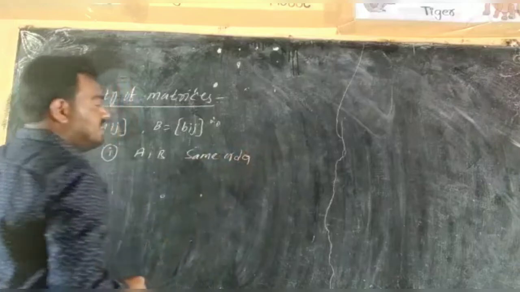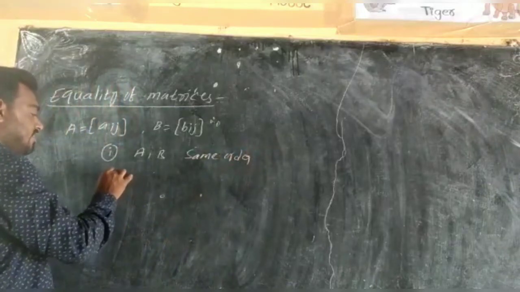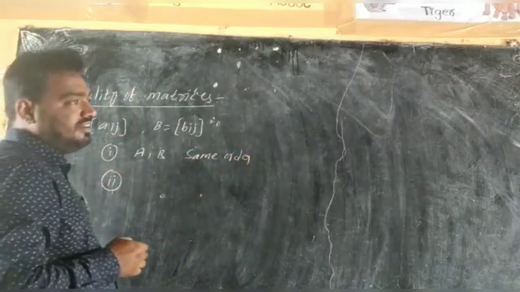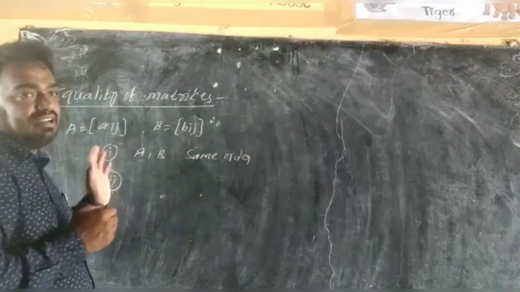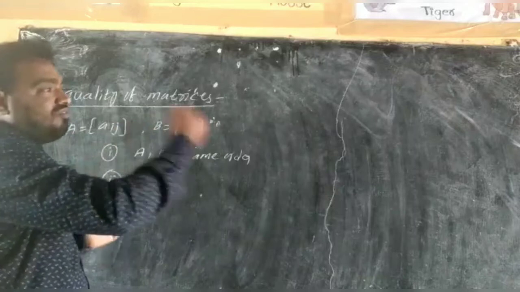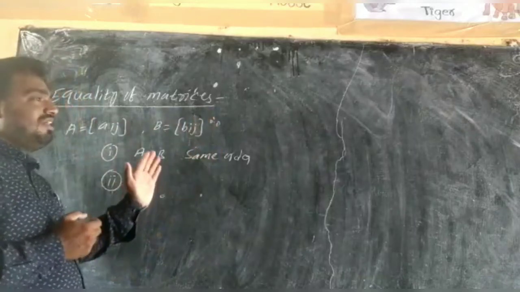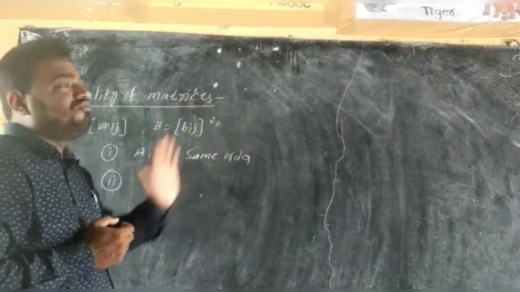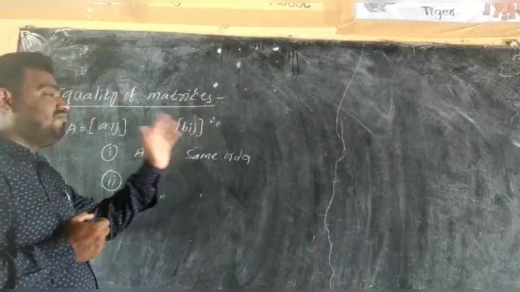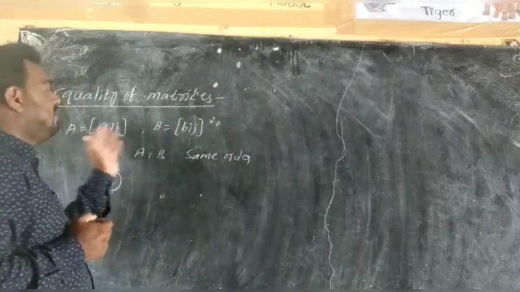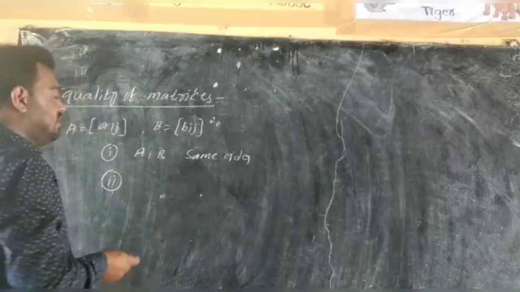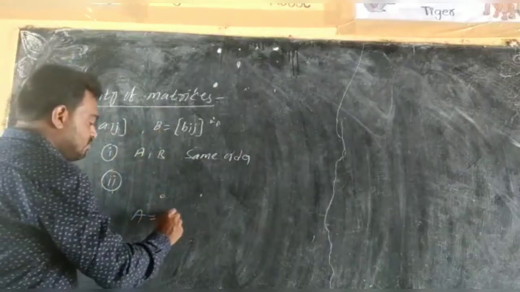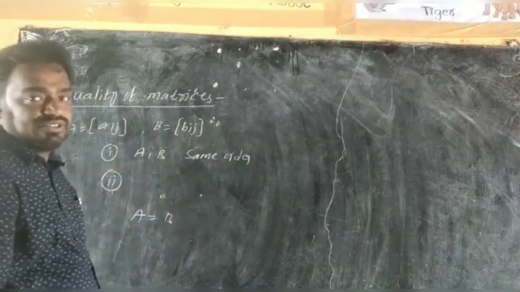The first condition: A and B have the same order. The second: every element in A is equal to the corresponding element of B. Then A and B are called equal matrices. We denote it as A equals B.